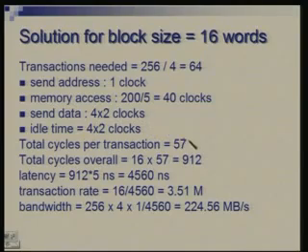So this total adds up to 57. The total number of cycles is 16, the number of transactions, times 57. Latency is this number multiplied by 5 nanoseconds. Transaction rate is 16 transactions over this much time, that means 3.51 million, and bandwidth is these many bytes over these many nanoseconds. So, 224.56 megabytes per second. You can see a tremendous increase in the bandwidth.